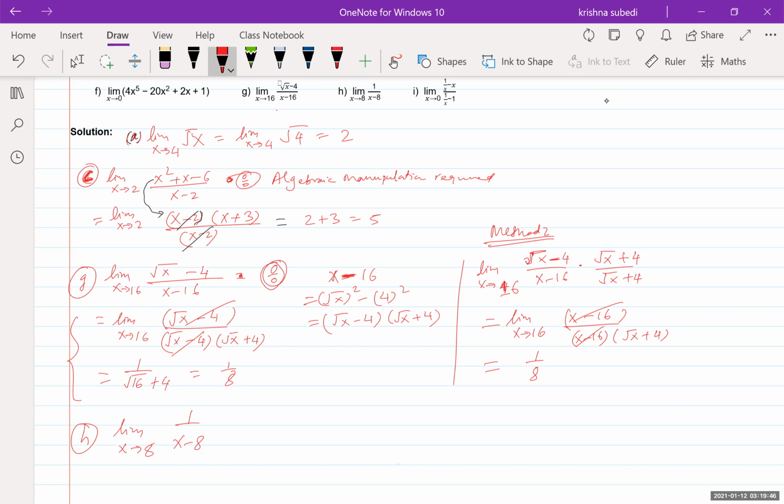So we can do nothing actually. So what we notice here is that we'll get 1 over 0. What does that mean? It is infinity. Okay, you just write infinity. Or you can say undefined. That's your answer.